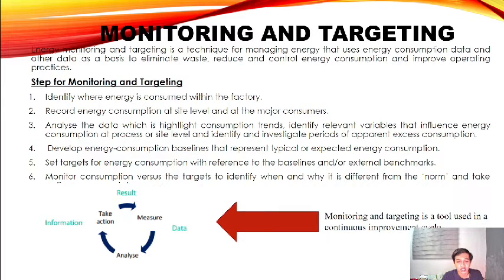The step 4 is develop an energy consumption baseline that represents typical or expected energy consumption. The 5, set targets for energy consumption with reference to the baseline and or external benchmark. 6, monitor consumption versus the target to identify when and why it is different from the norm, and take action.